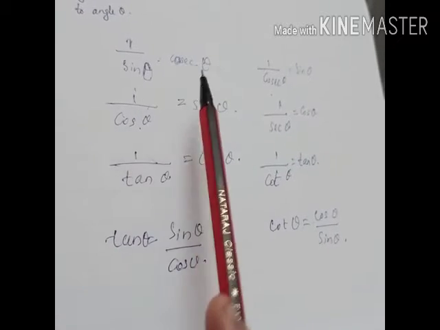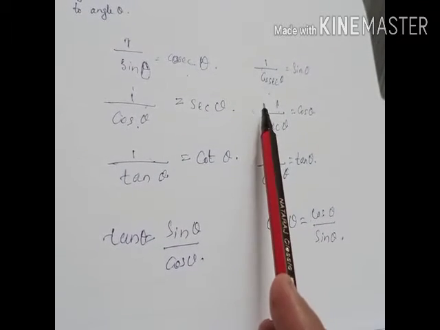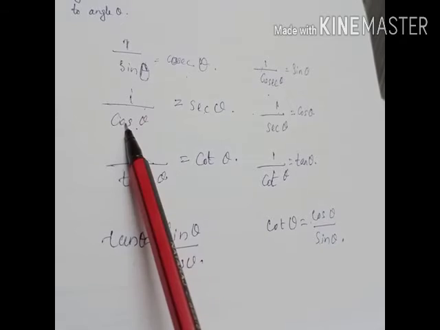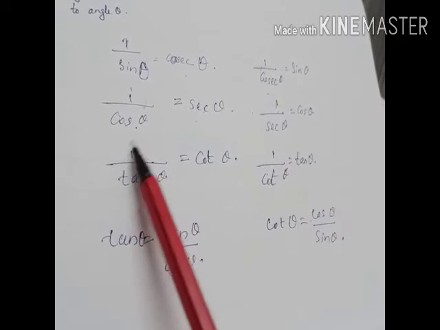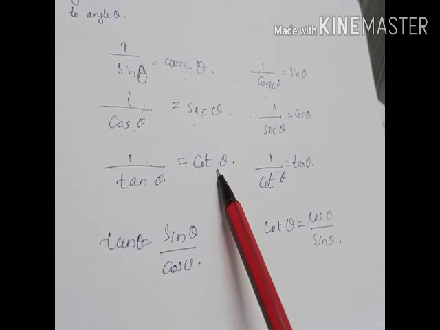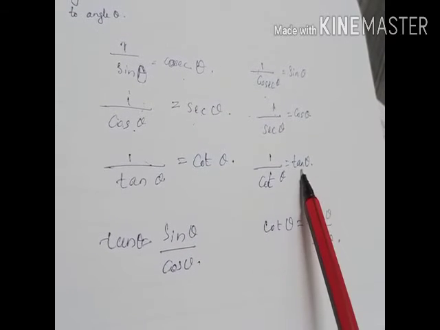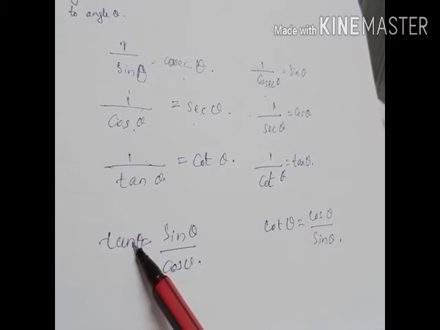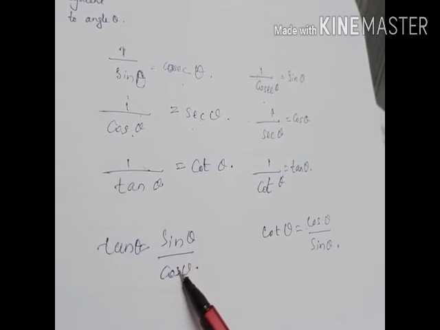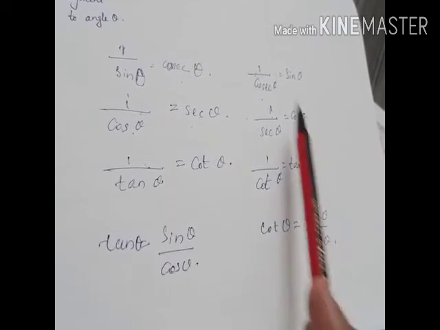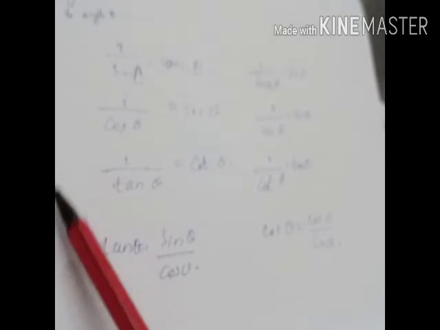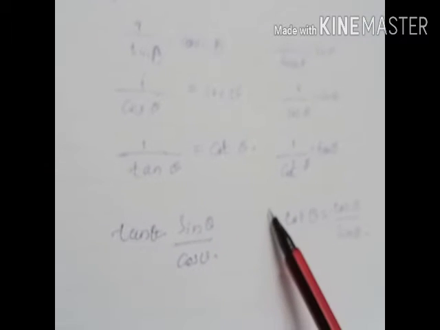So 1 by sin theta is cosec theta, 1 by cosec theta is sin theta, 1 by cos theta is sec theta, 1 by sec theta is cos theta, 1 by tan theta is cot theta, 1 by cot theta is tan theta. Then tan theta equals sin theta by cos theta and cot theta equals cos theta by sin theta. This relationship you should study. Understand well and study properly.